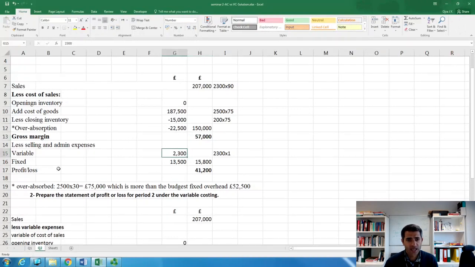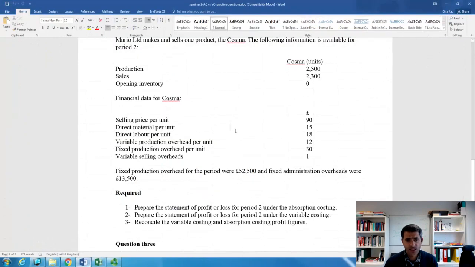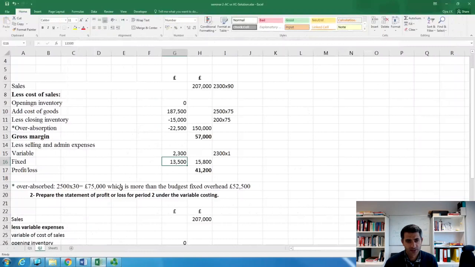And also you need to add here the fixed element of selling and admin, which, as you see in the question, is 13,500. Fixed administration overhead was 13,500. So you need to add it here. If you add them together, that's 15,800.